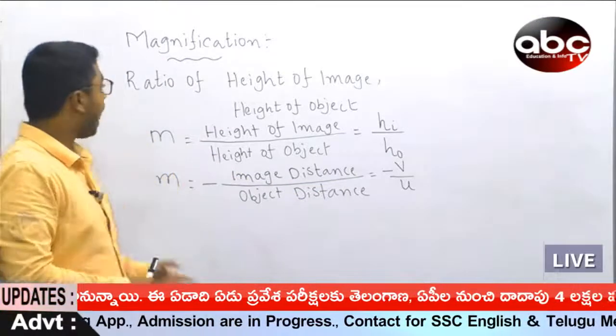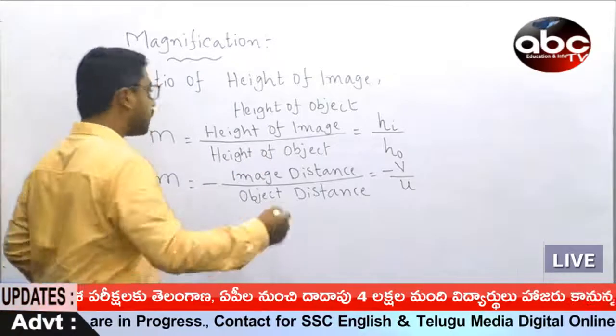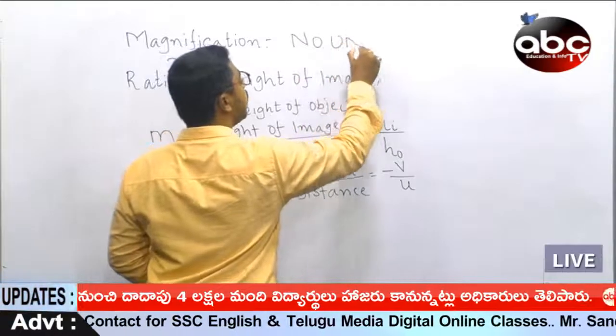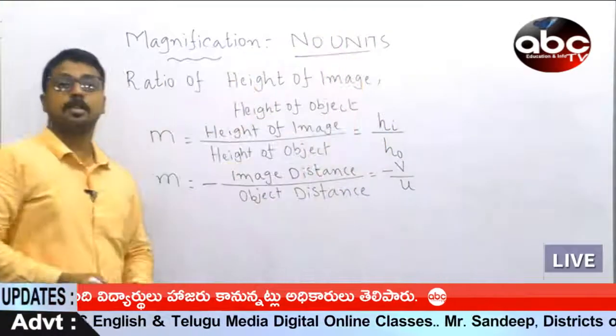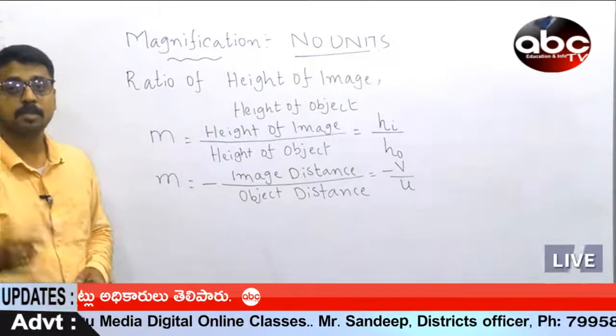So a magnification is a ratio. So we cannot expect any kind of units. No units are expected. This is important. So listen carefully.